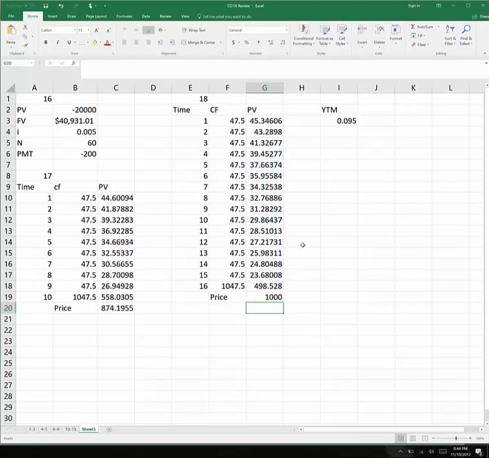We should find 1,000 because our yield to maturity, the discount rate we're using, is exactly equal to the coupon rate.